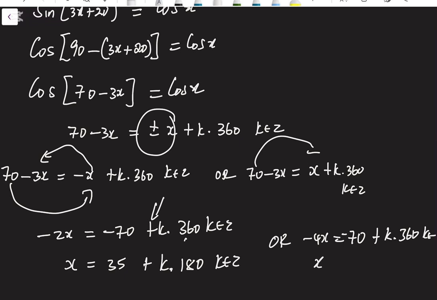So we are going to have x is equal to, let's divide 70 by 4. Okay. It is 17.5. So our x is equal to 17.5. And then plus k multiplied by 90, and then k belongs to all integers.